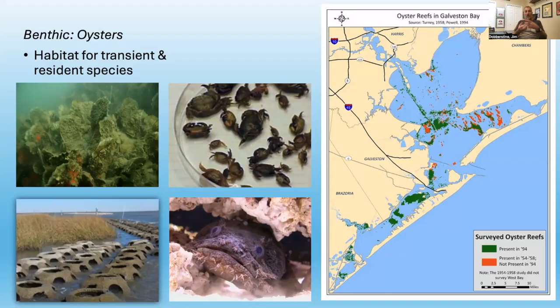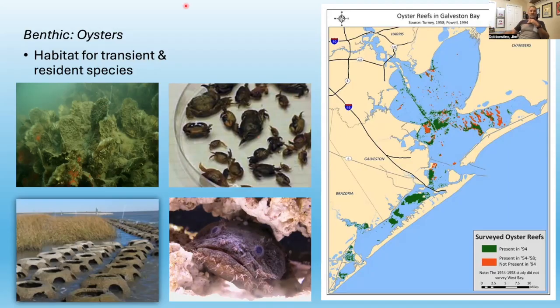They provide a lot of hard structure, a lot of important habitat for pelagic organisms. So these are fish and other organisms like crabs, blue crab being a really good example, that spend part of their time out in the Gulf of Mexico, and then they come in to lay eggs or to reproduce in the wetlands. But oftentimes they use those oyster reefs as part of that.